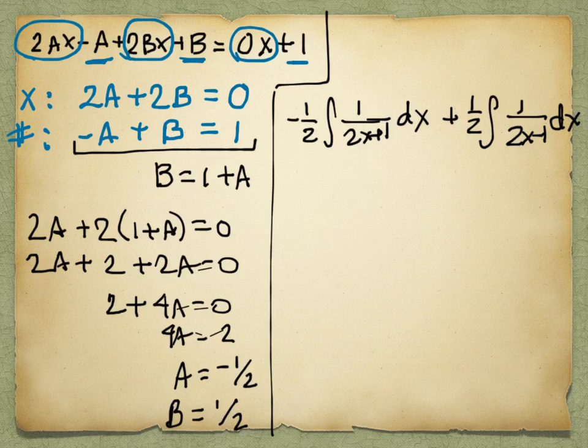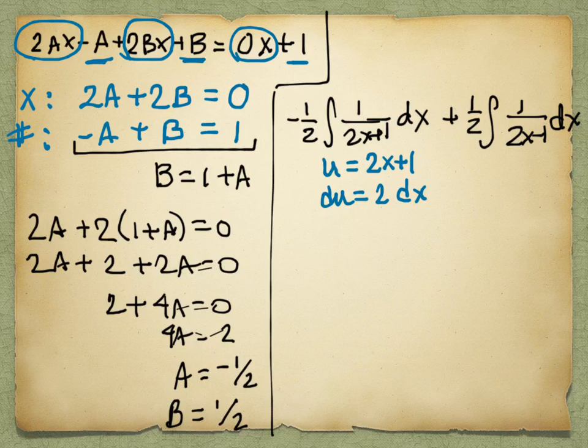Now, there's some substitution in there. If you would like to see it, I'll show you once, just because I'm not sure what all you guys have seen and how recently. I'll do it on one of them. You can let u be the 2x plus 1, in which case, what's du? 2 dx, right?